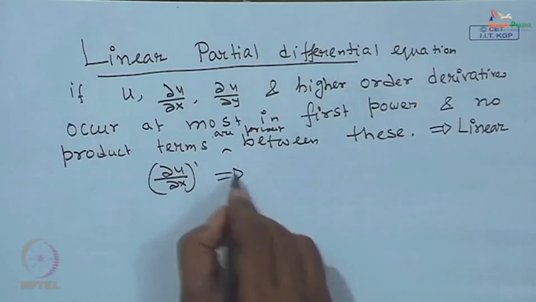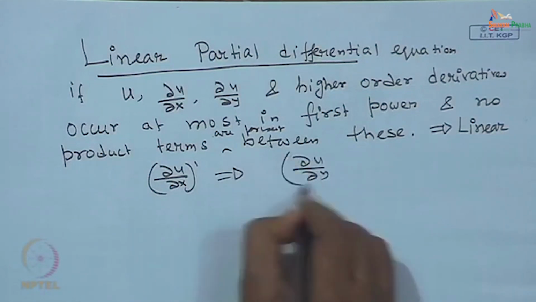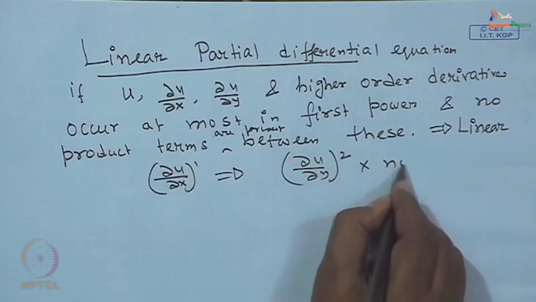Similarly, if we have a term del u del y whole squared, then it is not linear.